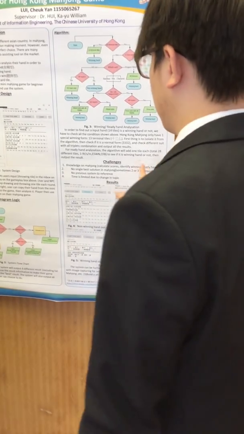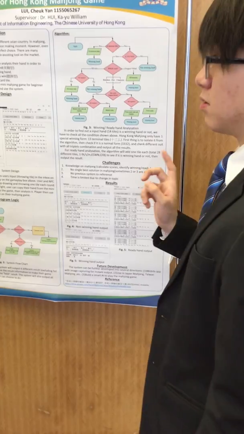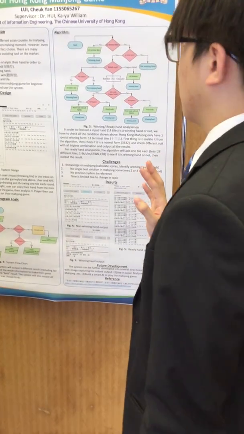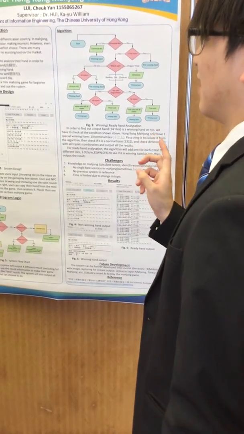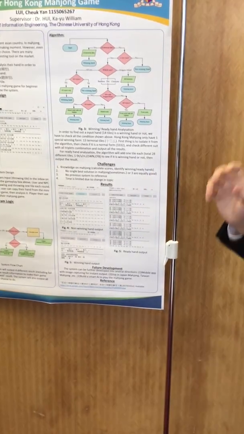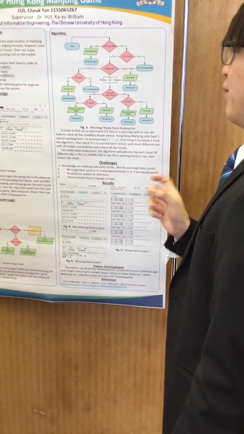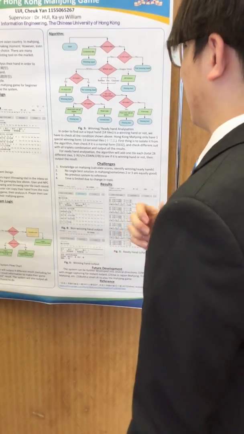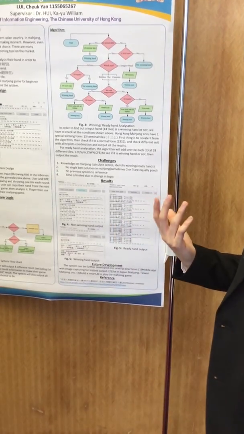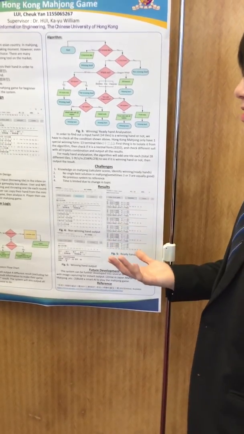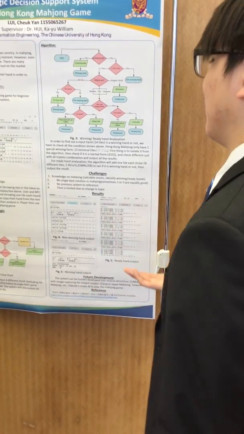The third one is there's no previous system to reference, especially in Hong Kong Mahjong. How come? Because it's a very traditional game. There are thousands of Mahjong games, but no one is trying to build an assisting system for users.